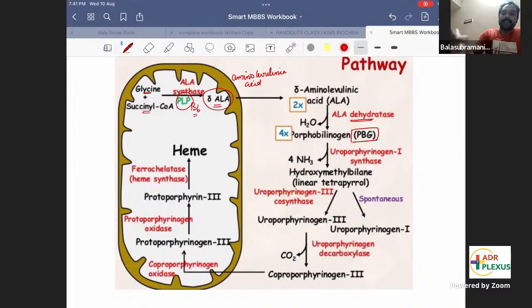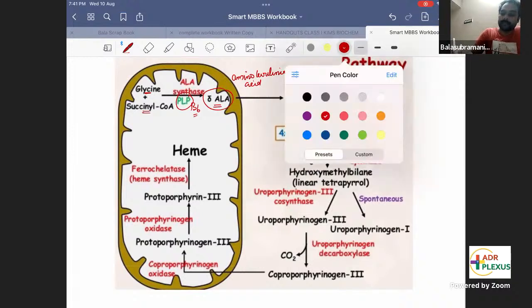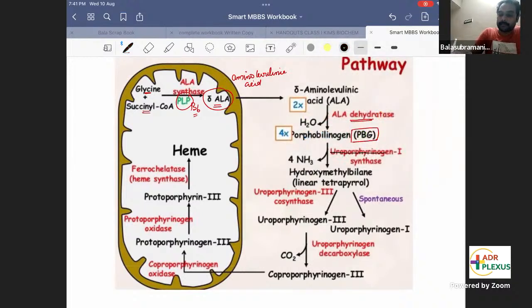Now I want you to make a change here. Cut off this enzyme and write a new enzyme here. It is called PBG deaminase. What we are going to do is remove 4 molecules of ammonia. That is why I told you to write PBG deaminase, so you will remember it better.